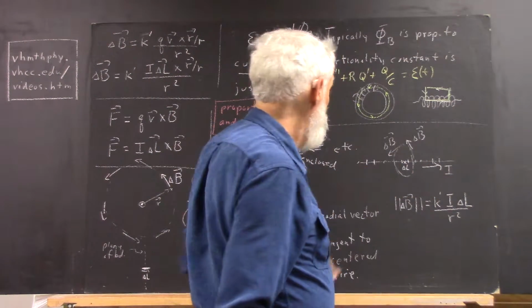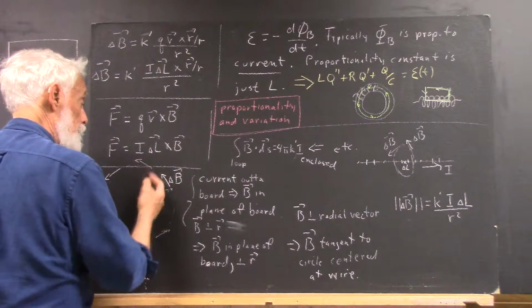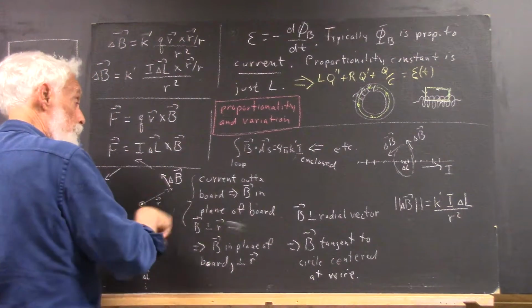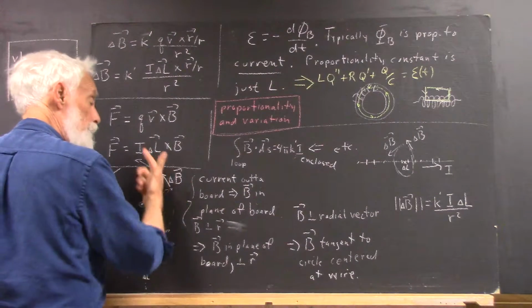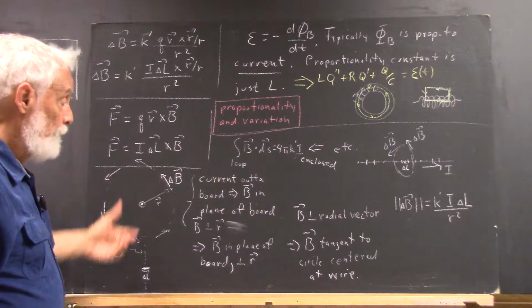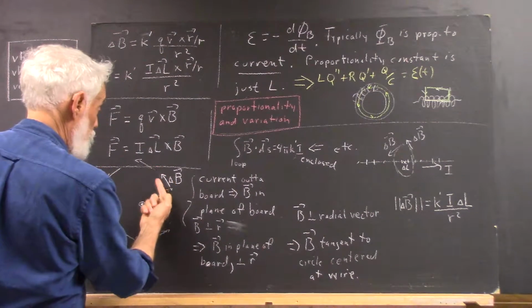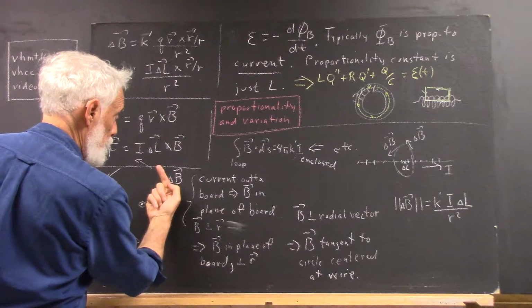Both are going to give you delta B's in the direction tangent to this circle, in the plane perpendicular to the wire. But some of them are going to give you delta B's that are smaller than this, but out of the plane this way.